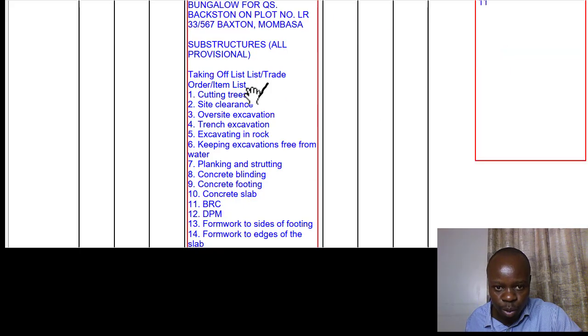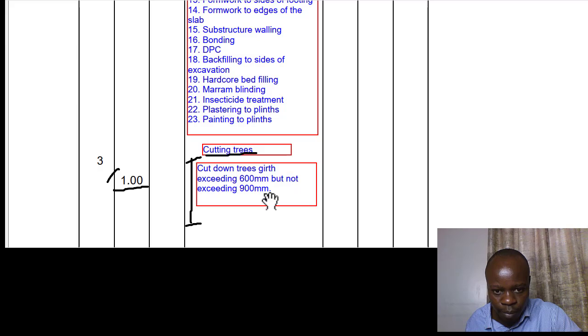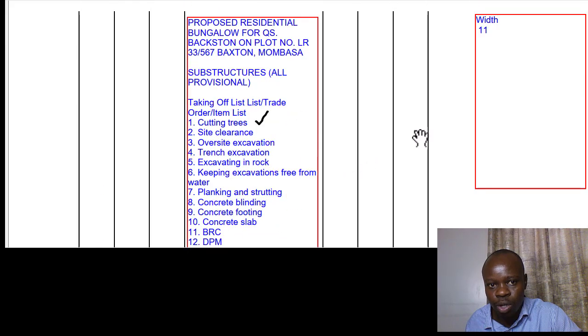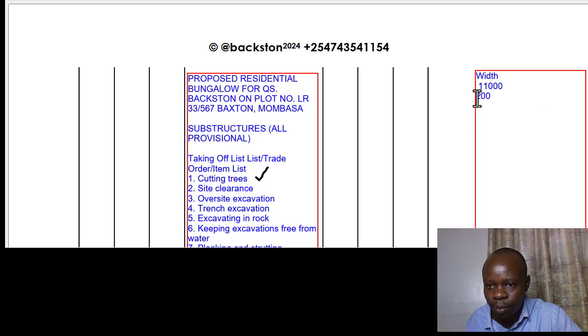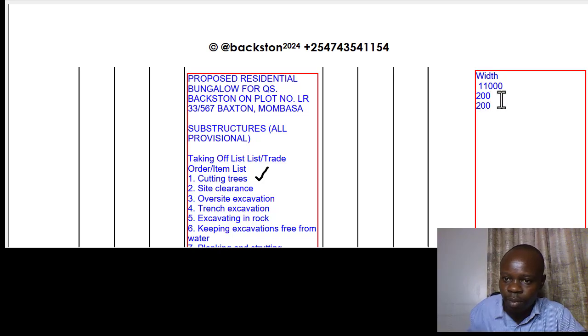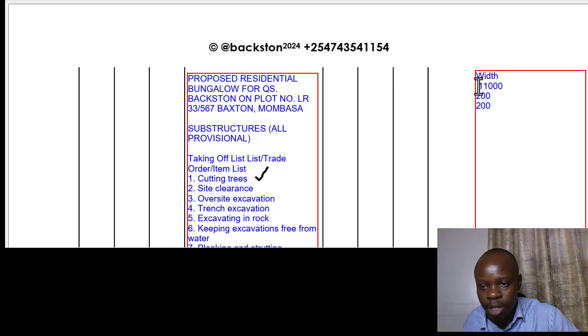Okay, we agreed that we are using millimeters for our calculations at the waist side. So 11,000. Then we'll add 200 and another 200. Okay. Of course, arranging your items is very crucial so that you have work that is able to be interpreted easily.